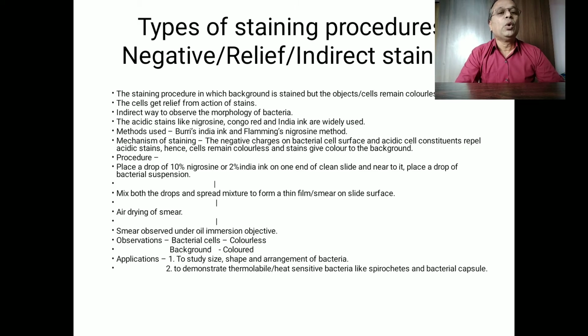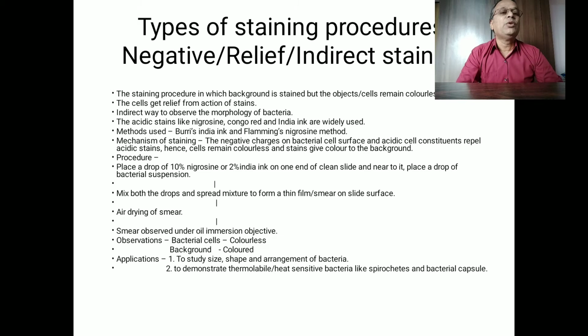Then you have to note your observations. What will be your observations? That the bacterial cells will be colorless. These cells may be rod shaped, spherical, or spiral. All these cells will appear colorless against a colored background.